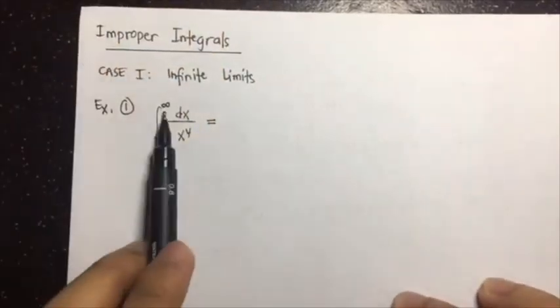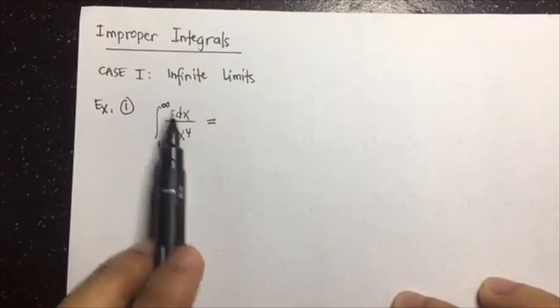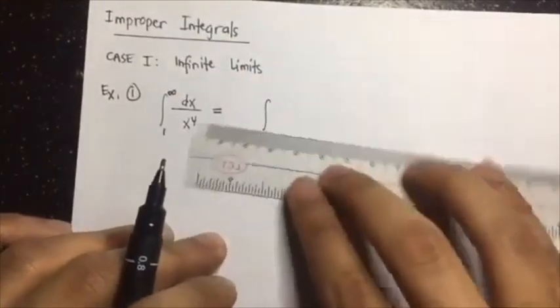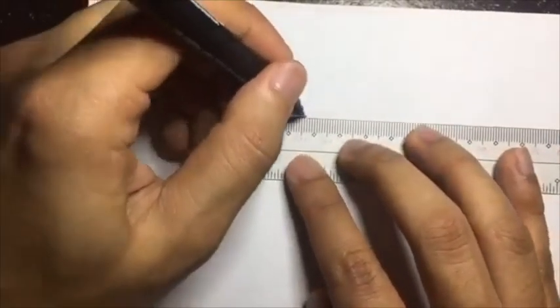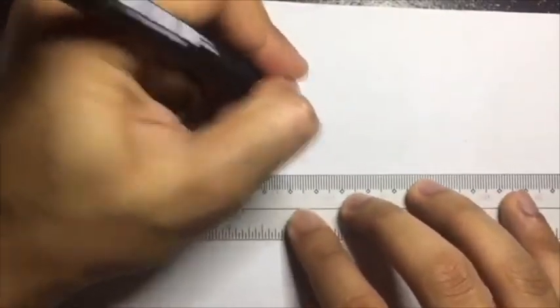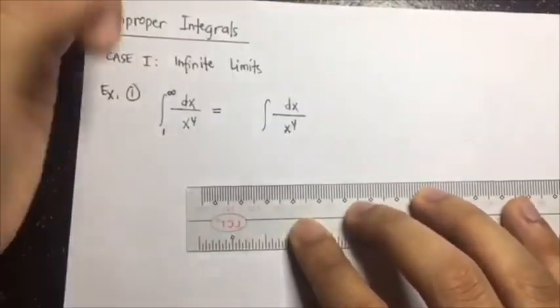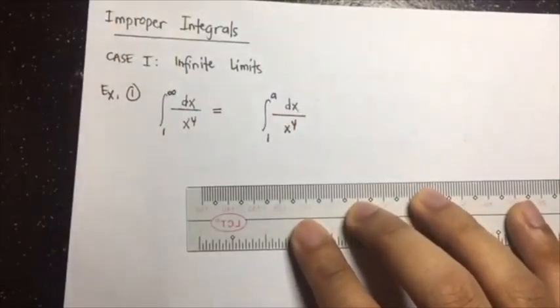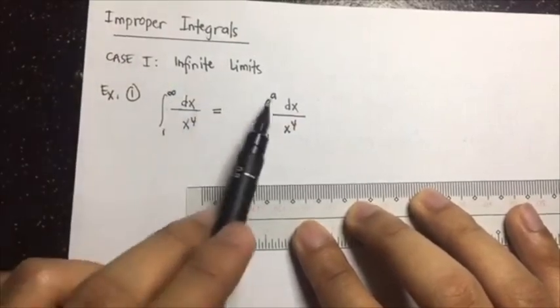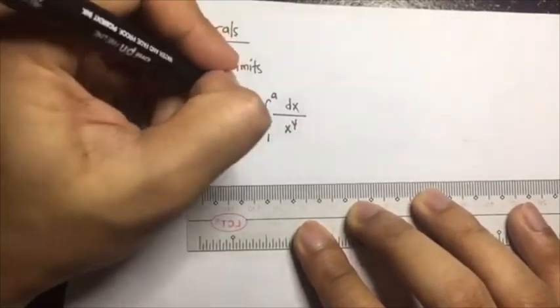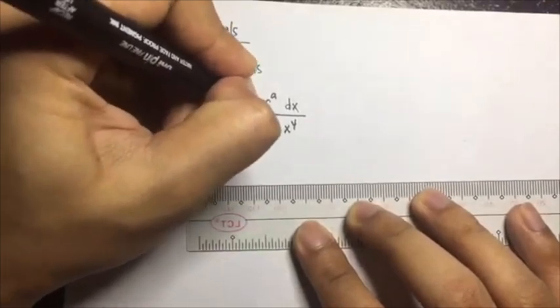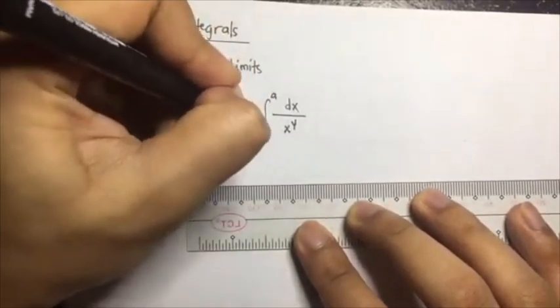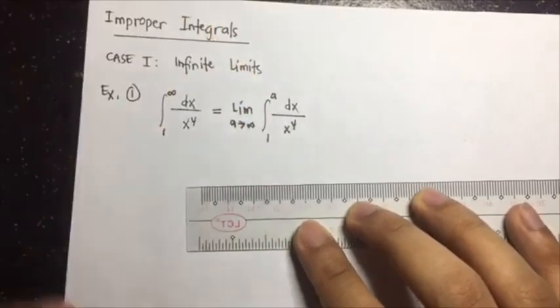Instead of writing infinity as the limit, we replace it with a letter. Say for example, we have the integral of dx over x to the power of 4 from 1 to a. So replace infinity with a, but outside the integral sign, we express it as a limit as a approaches infinity.